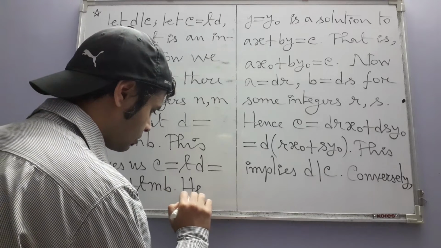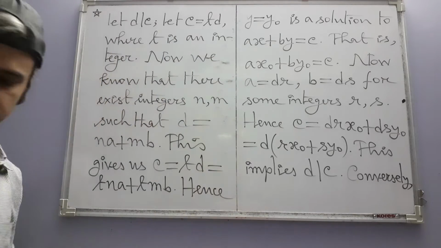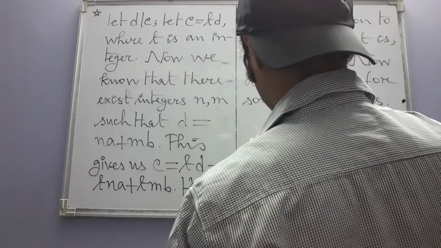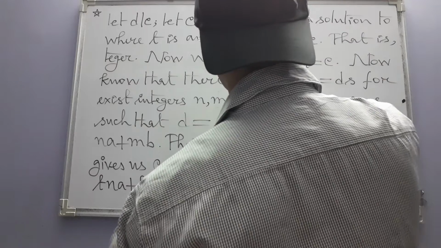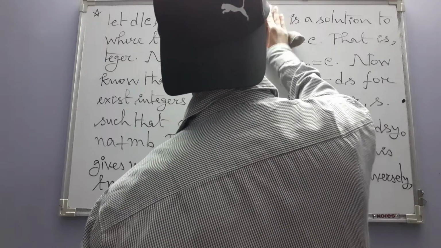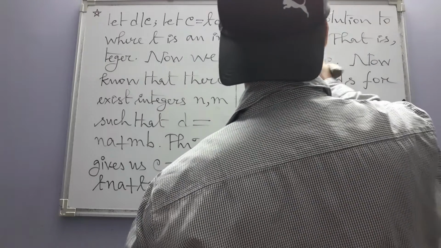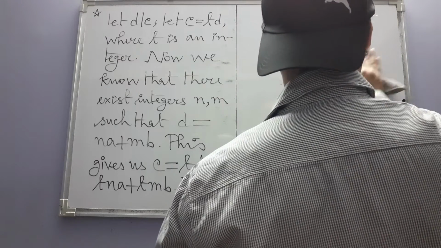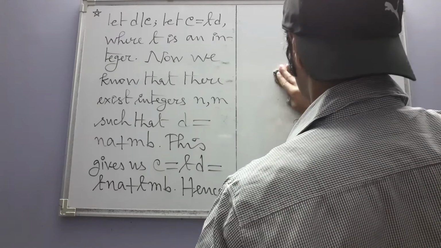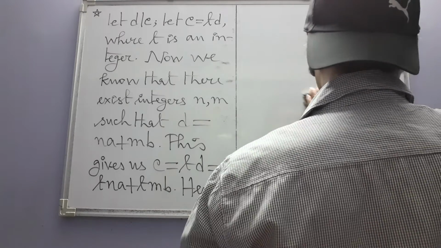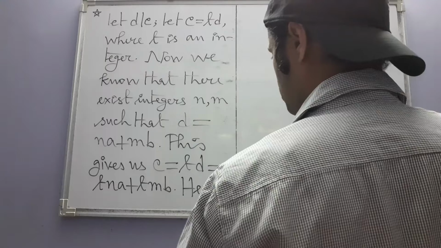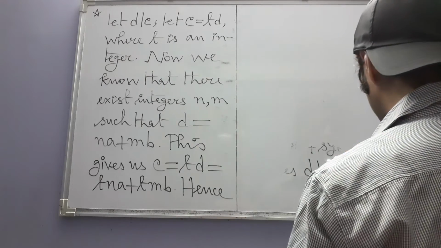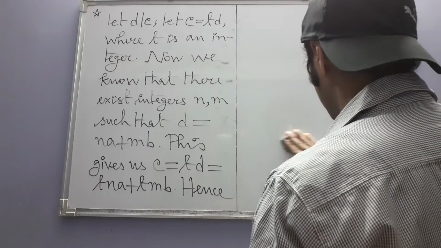Hence the given Diophantine equation has a solution, and that solution is x equal to tn and y equal to tm. Pretty neat this whole thing is.